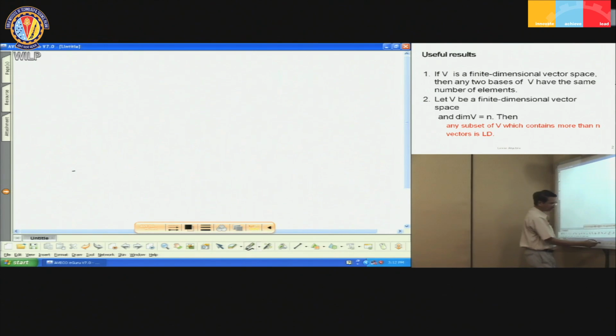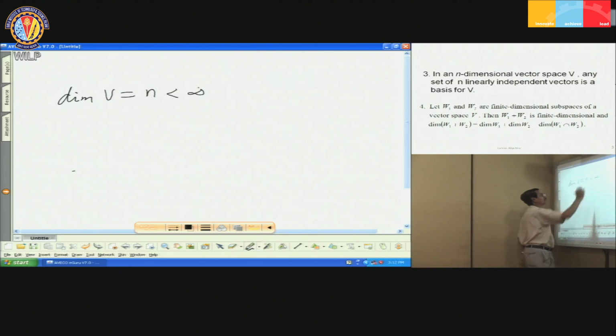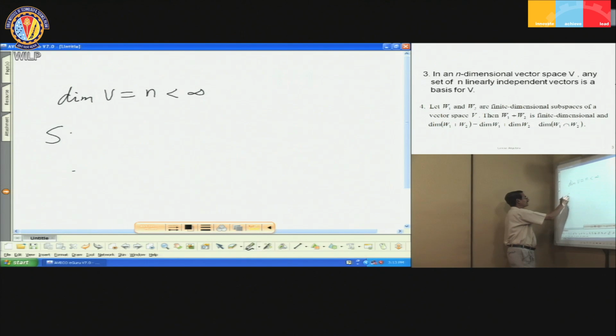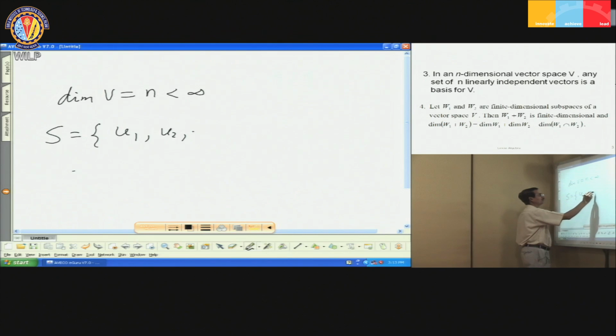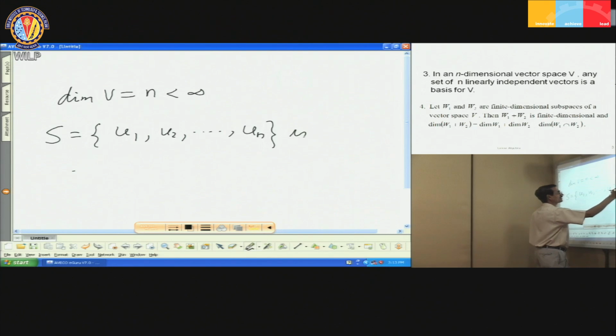If you look at one more result, the third: suppose the dimension of V, a vector space, is n and it is finite, and S contains n vectors u1, u2, u3, ..., un, and S is linearly independent.